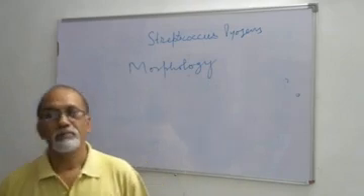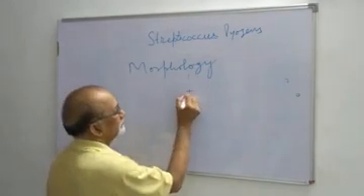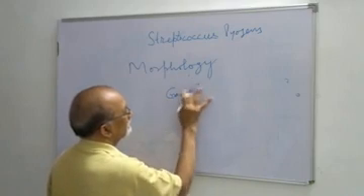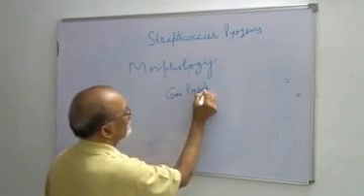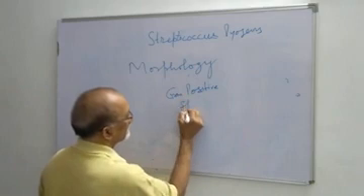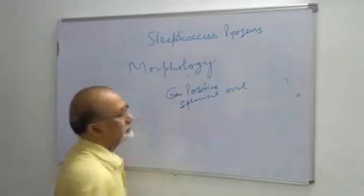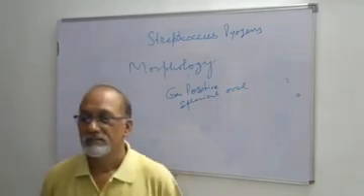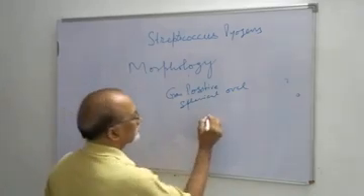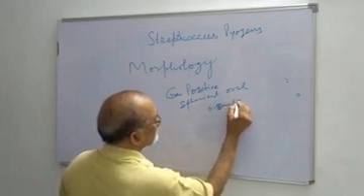First of all, these are gram positive, spherical or oval organisms, and the diameter is 0.5 to 1 micrometer.